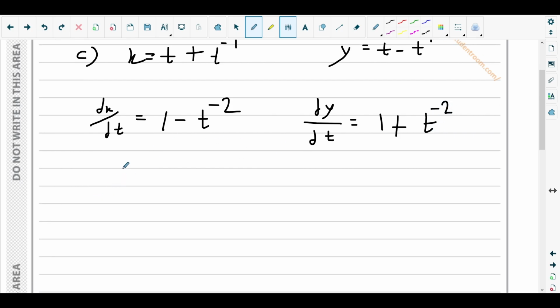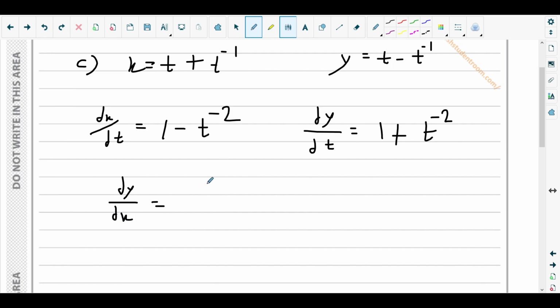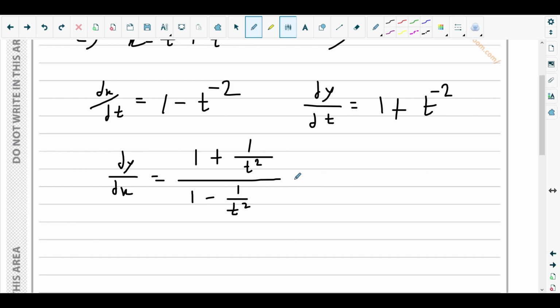Fine. Now we need the derivative dy over dx. This is dy over dt, that is 1 plus 1 over t squared, over 1 minus 1 over t squared. If you want to simplify, you can do it by taking the LCM.